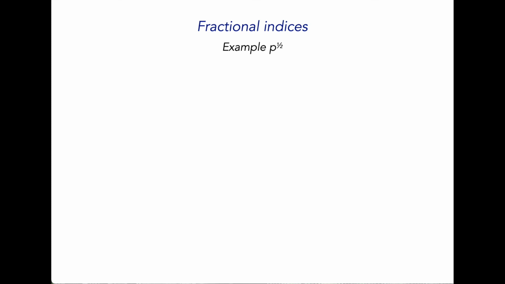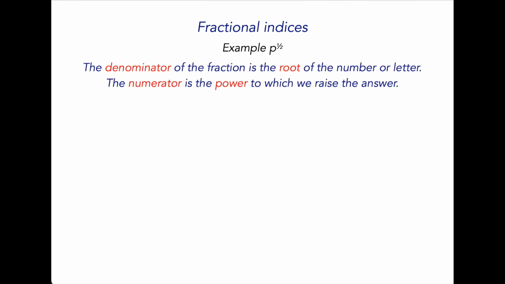Now for our final rule, we're going to look at how to resolve an index expressed as a fraction, such as this example, p to the power of a half. And in this case, we'll go straight to the rule, which says the denominator of the fraction is the root of the number or letter, and the numerator is the power to which we raise the answer.